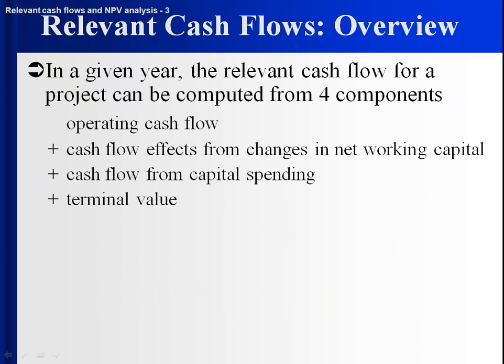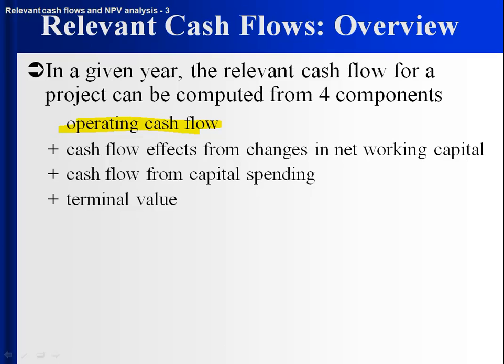In a given year for a project, our relevant cash flows, the item that we want to discount to get NPV, have four components. The first is operating cash flow, and those are the cash flows that are produced from the project doing the business of the project. So if it's Patriot Theaters expanding up into New England, then it's the cash associated with selling tickets and paying ushers and selling popcorn and things like that.